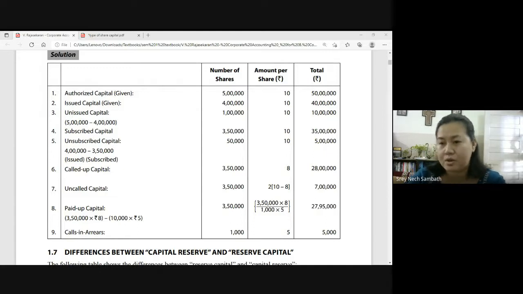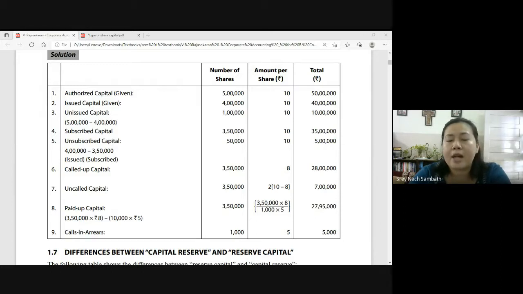You understood, right? So now let's move on to the subscribed capital, because here it is mentioned that it offered 4 lakh shares for subscription by the public. But out of these, how many were actually subscribed? Only 3 lakh 50,000 were subscribed, right? They have mentioned that only 3 lakh 50,000 were subscribed.